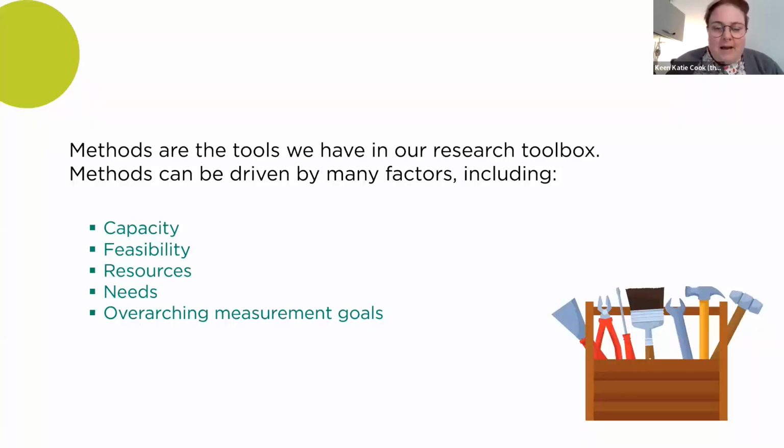Before we move into that, I wanted to talk a little bit about how we can think about methods. We talked about methods and measuring outcomes in our second webinar together, but we really focused in on some pre and post measures and some validated survey scales that we can use.